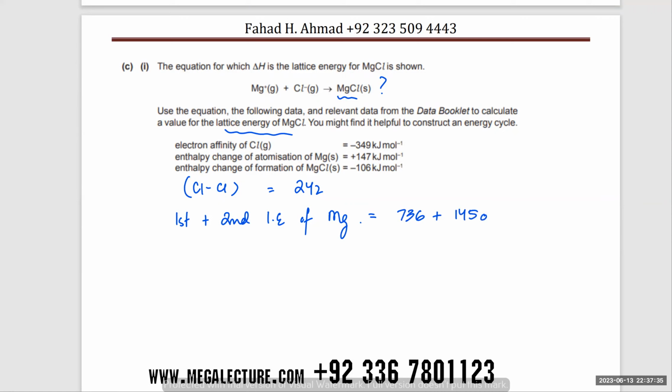We don't actually need the second one because Mg is only turning into Mg +1. I guess that's about it. Electron affinity of Cl is already given. So as I said, construct the Born-Haber cycle and tell me what the answer is. Okay, do this yourself.